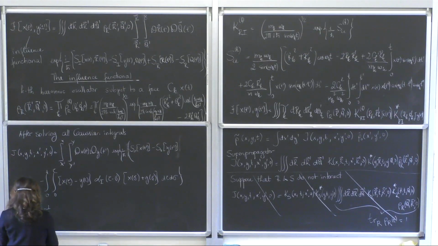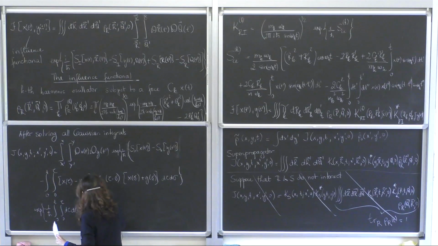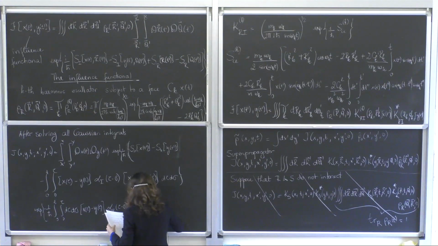And then exponential of minus 1 over h bar integral 0 to t, 0 to tau, d tau d sigma of x of tau minus y of tau, alpha R of tau minus sigma, x of sigma minus y of sigma.